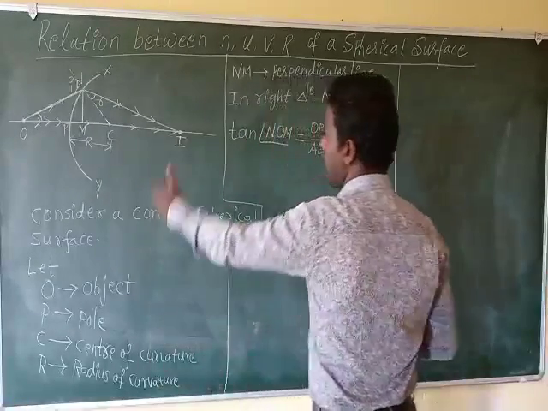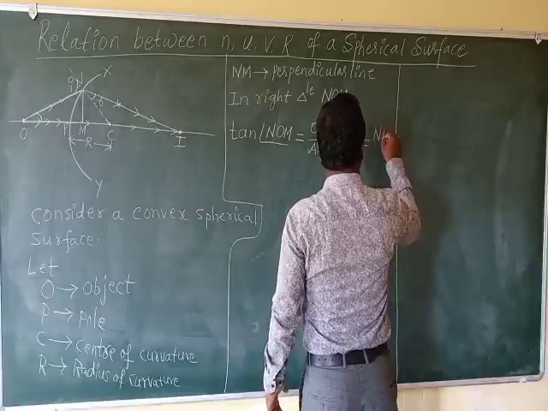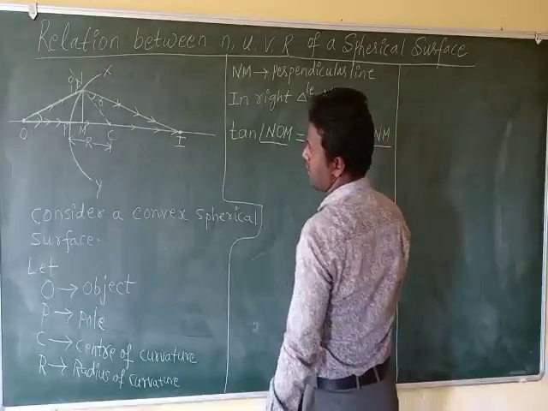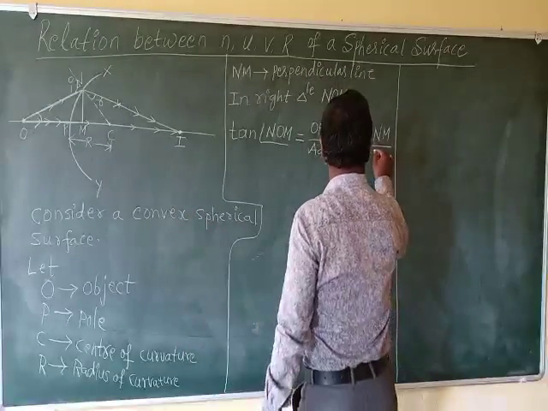Here the opposite side is NM and the adjacent side is OM.